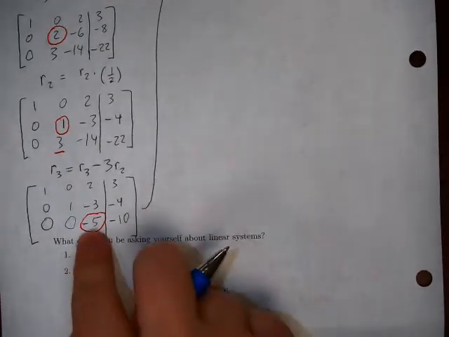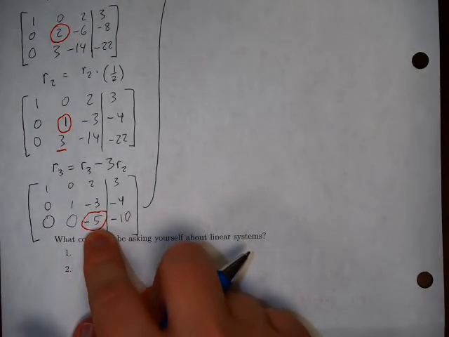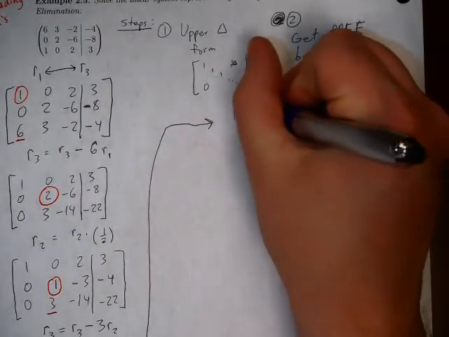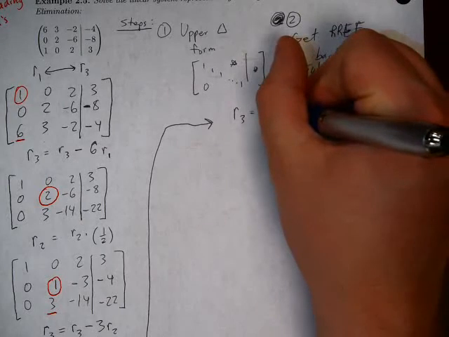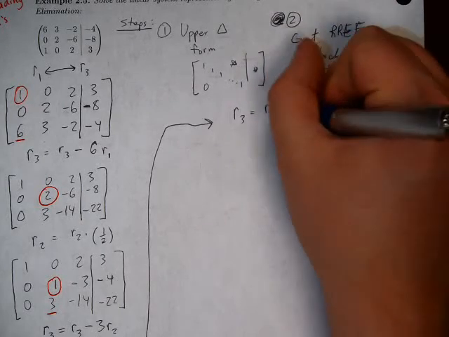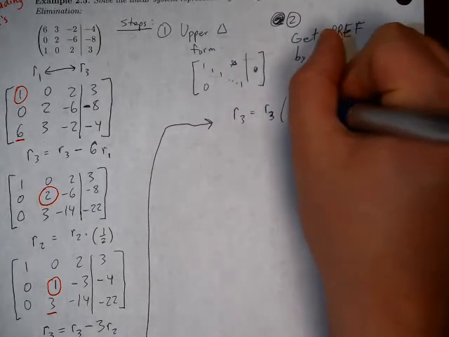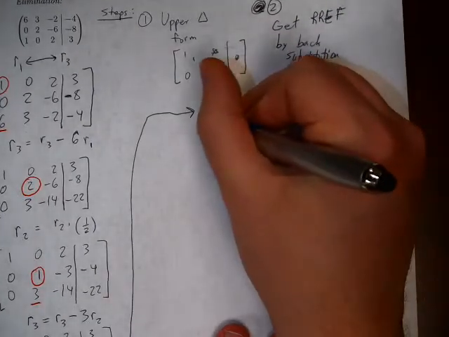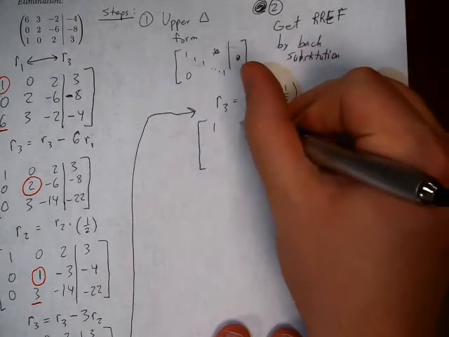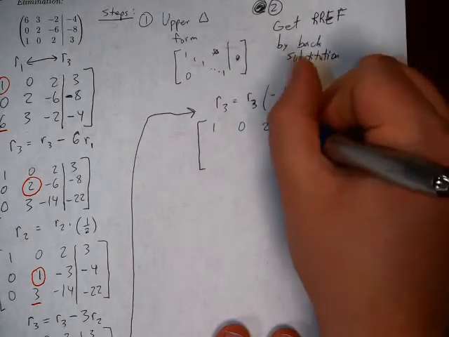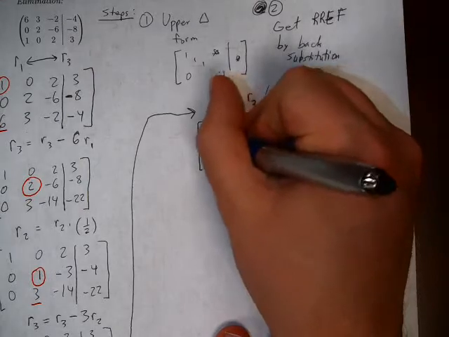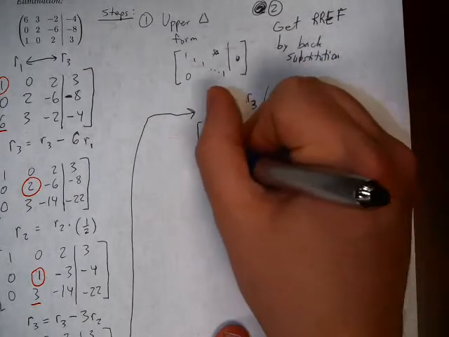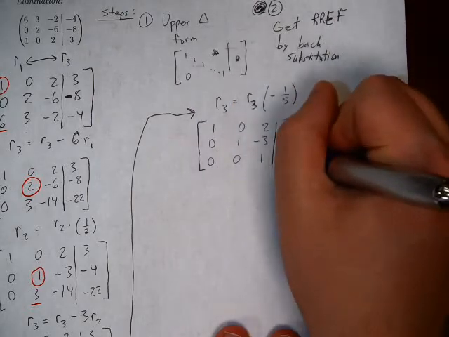If we want to take this negative 5 and turn it into a 1, that means we'll take the third row and set it equal to the third row times negative 1/5. When we do that, again, we do not change the other rows. 1, 0, 2, 3, 0, 1, negative 3, negative 4, and 0, 0, 1, 2.